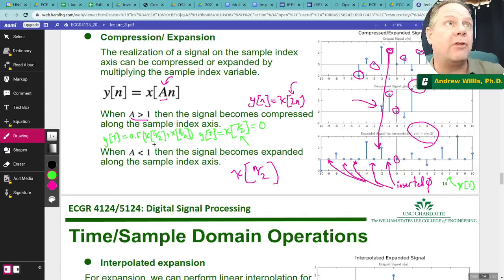Now those are both integral values, so that's x of 3 plus x of 4. So it's the arithmetic average of the two values on either side.